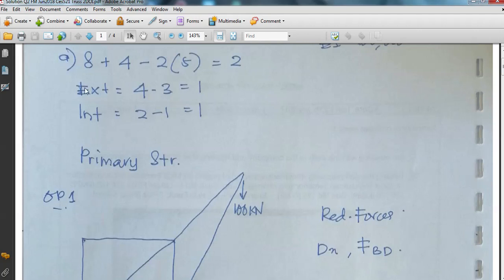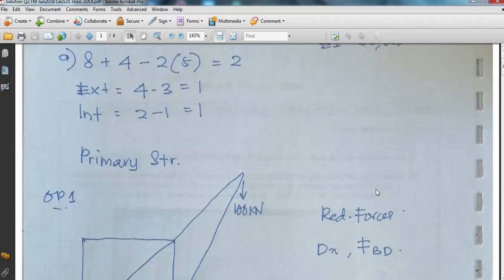If your system has 2 DOI for external and 0 DOI for internal, it means you must remove 2 reactions. If you have 0 external and 2 internal, it means you must remove 2 members. But now because we have 1 external and 1 internal, you remove 1 reaction and 1 member.